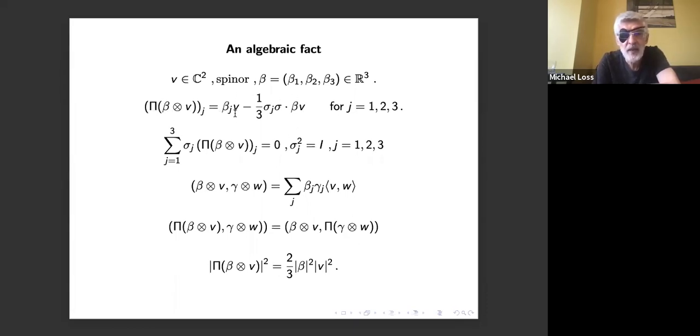So what you do, you take the spinor, you multiply by this number, beta_j. Then you take sigma dot beta, that's a matrix, you apply it to the spinor. And then you multiply by one of the Pauli matrices, sigma_j, and put the factor 1/3 in front.